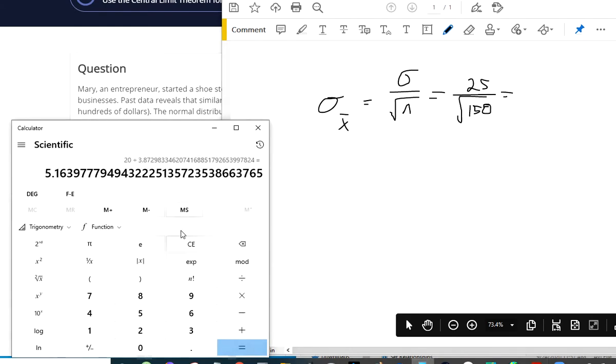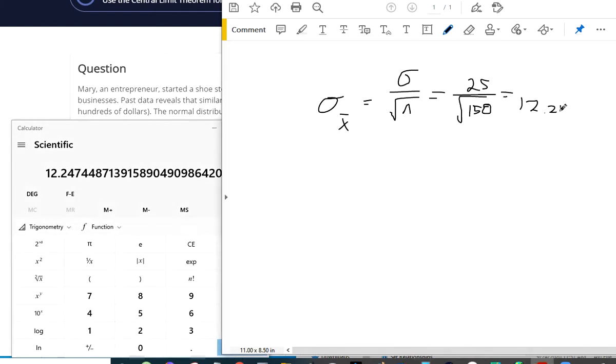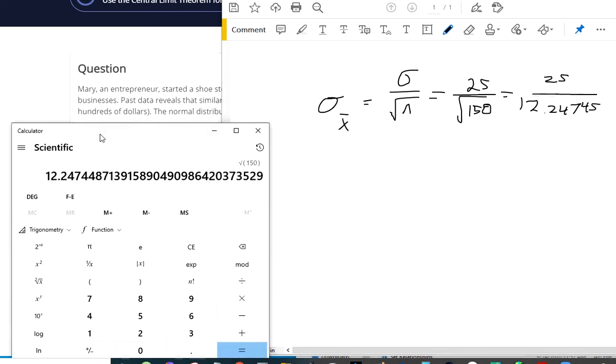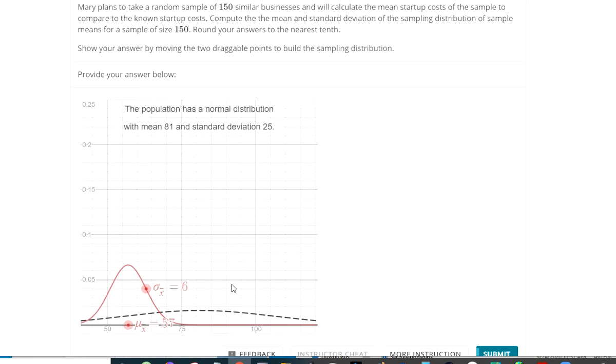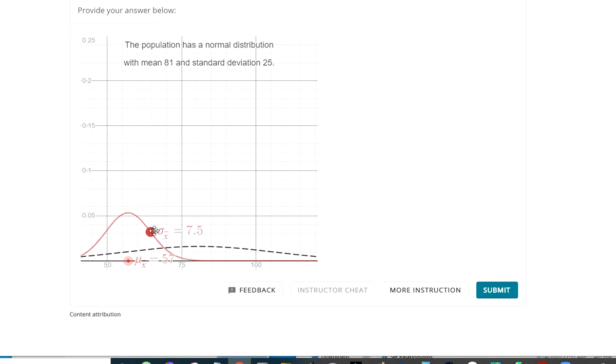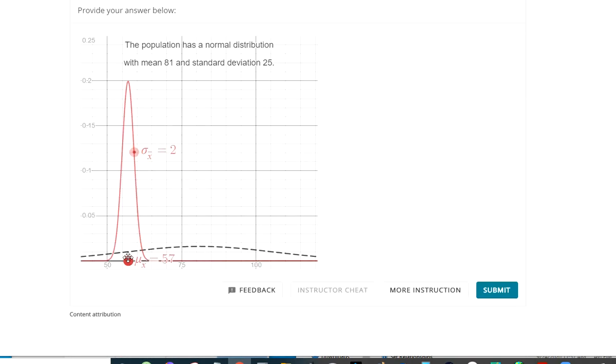So if we do the square root of 150 in our calculator, it's like 12.24745. So if we divide those two, we get 2.0 if I round to the first decimal place. So our standard deviation of the mean is 2.0. So there's 2. And then it has a mean of 81.